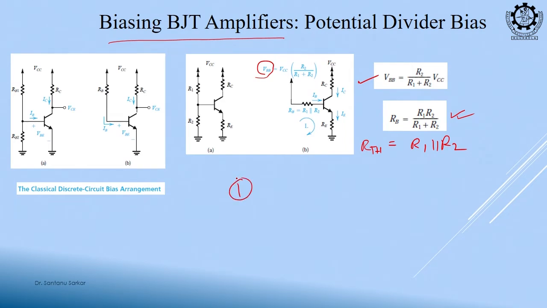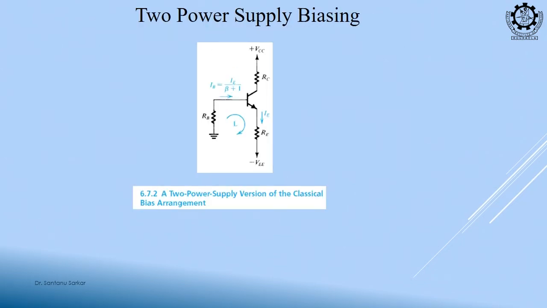There are other techniques also. Let us see those. This is another technique, known as 2 power supply biasing. You see, now there is no VBB, but still will it work or not? It will work, because this terminal is negative. If this terminal was grounded, it will not work.